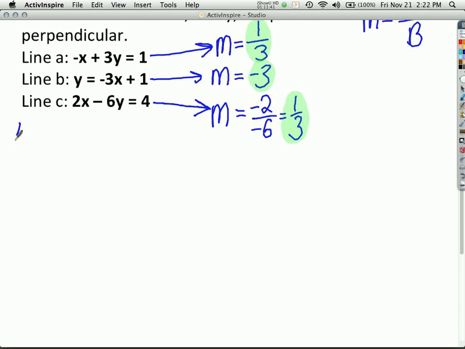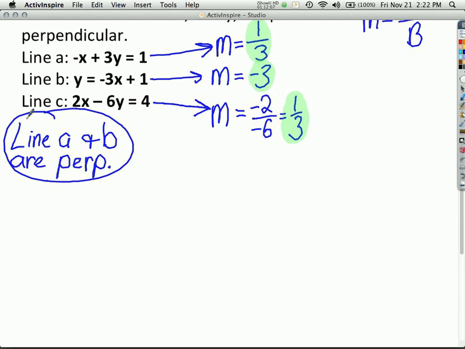Line A and B are perpendicular, you think? Give me a thumbs up if you agree with her statement. 1/3 and -3 are opposite reciprocals? Absolutely, she is correct. Line A and B are perpendicular.